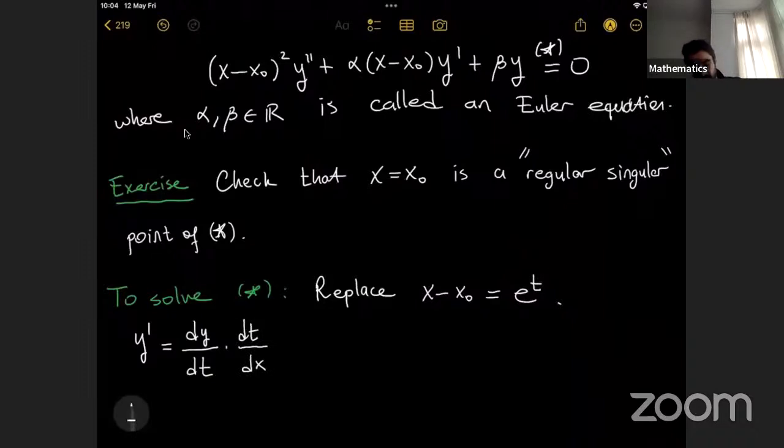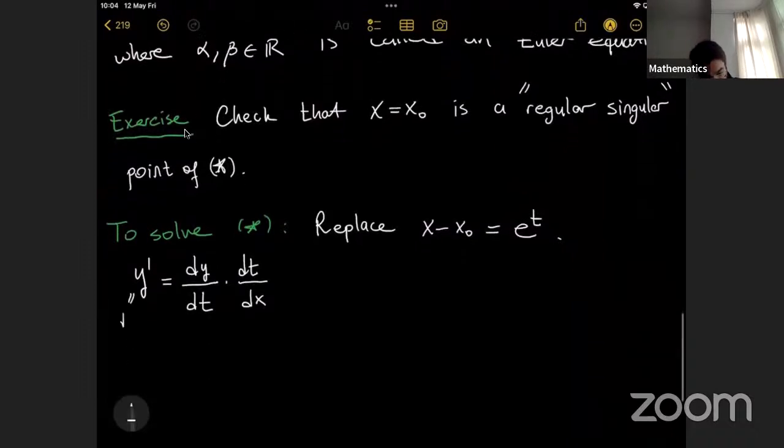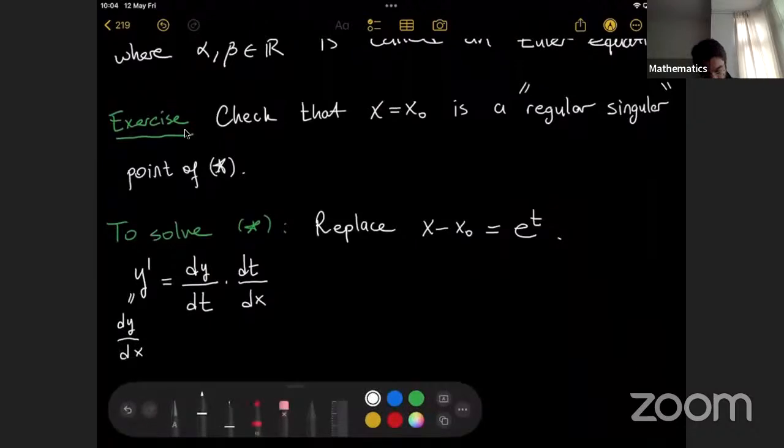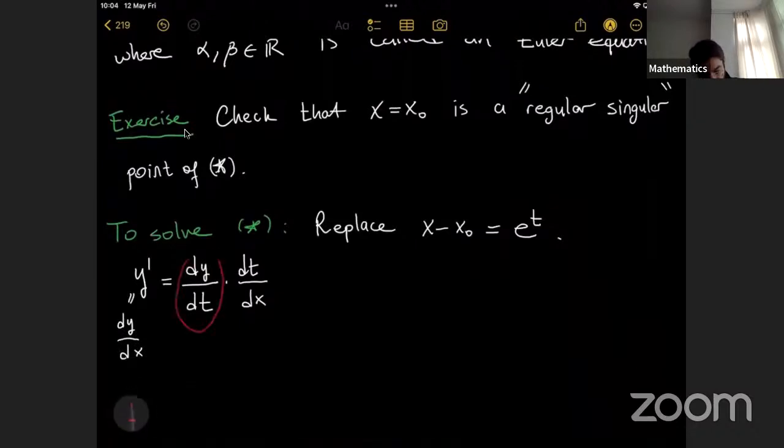Because originally this is dy dx, and we need dy dt. But what is dt dx?